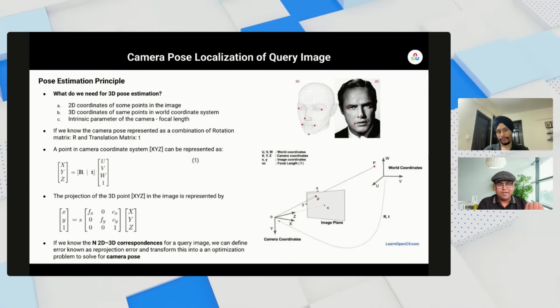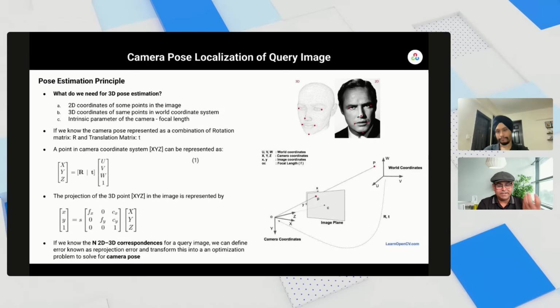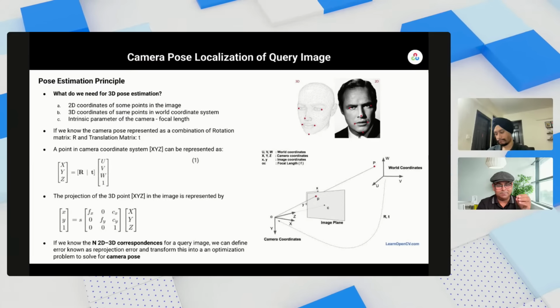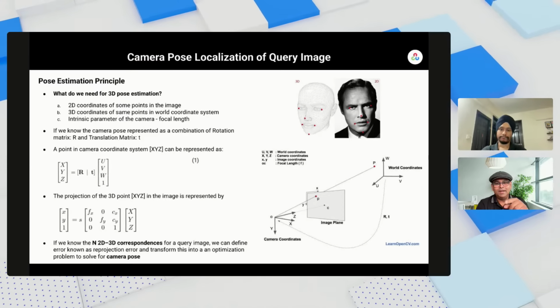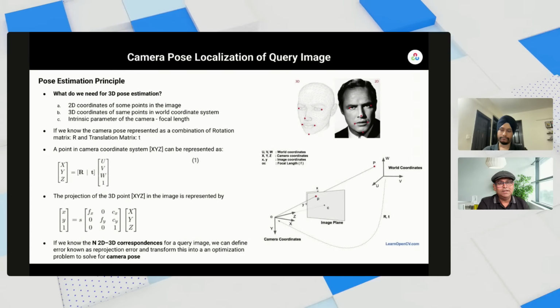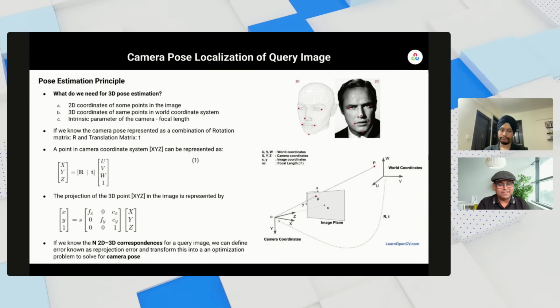So that's the camera matrix, right? That's the intrinsic camera matrix because it depends on the intrinsic parameters of the camera. And then we have extrinsic camera parameters, which are basically the rotation, which you see R over there, and the translation vector.